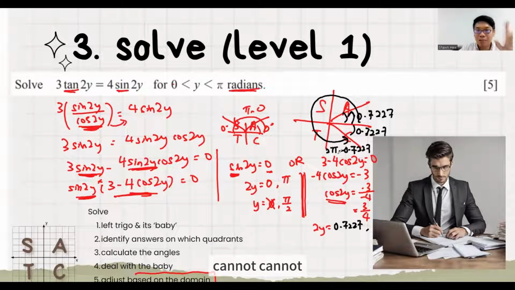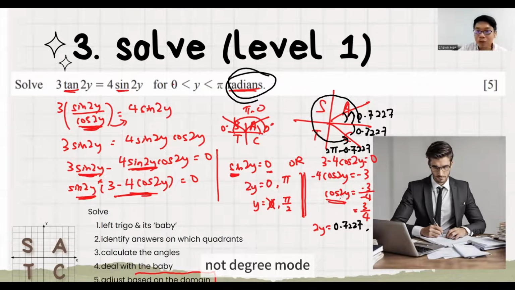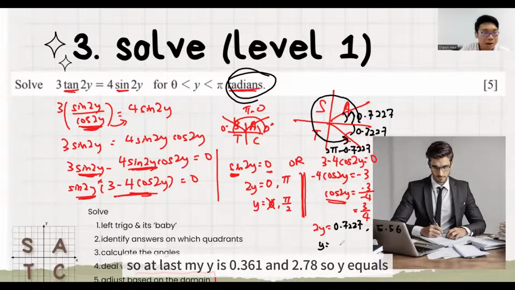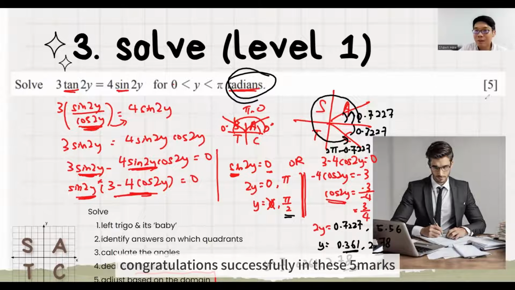Cannot, because in this question everything is counted in radian mode, not degree mode. So 2 pi minus 0.7227 is 5.56 radian. So at last, my y is 0.361 and 2.78. Congratulations, you have successfully gained these 5 marks.